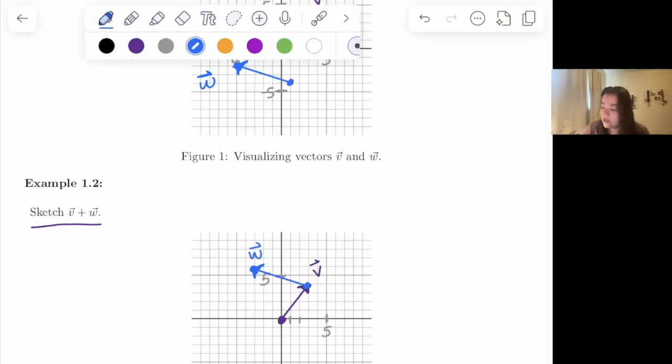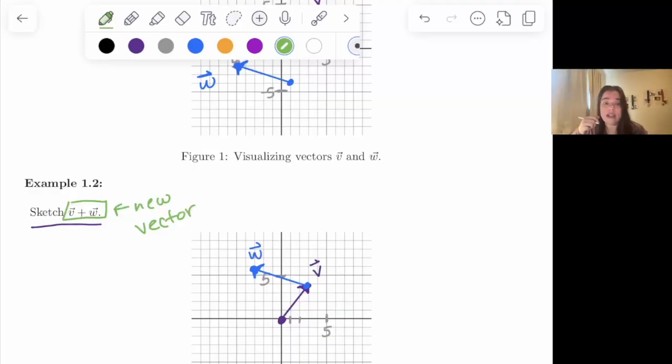So there we go. I'm going to draw on my highlighter. Notice I can take vector V, traverse that path, then traverse the path of vector W, one right after another. That's what vector addition looks like. One more thing to add in. Vector V plus vector W makes a new vector, and I'm going to show you which vector it is.